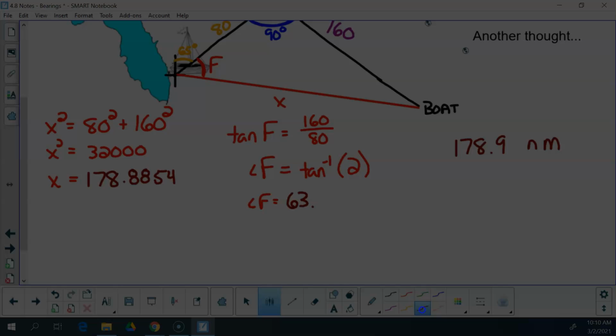I get 63.434 degrees. So the boat from Fort Lauderdale is 178.9 miles on a bearing of what?